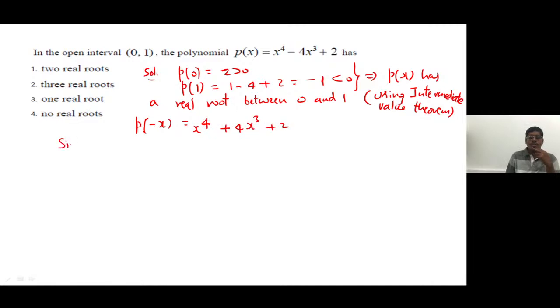Now signs, that is symbols, from first term to second term, second term to third term, like that. Signs of p of x: first term x power 4 sign is positive, leave gap. Second term symbol is minus, third term constant term symbol is, that is plus 2, automatically plus only.